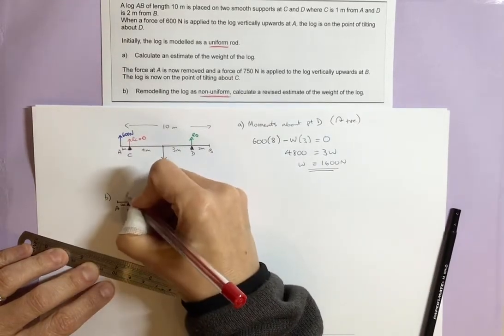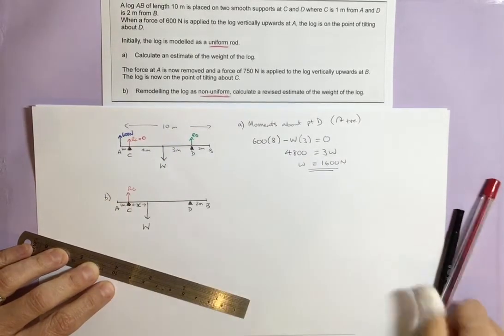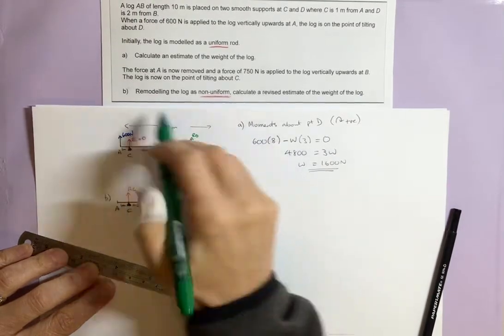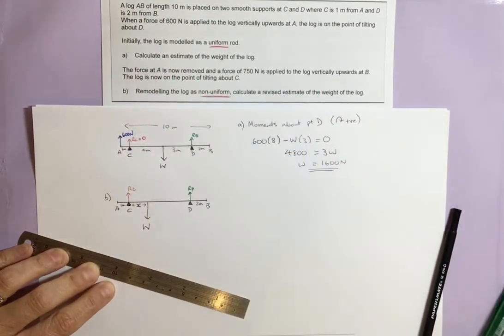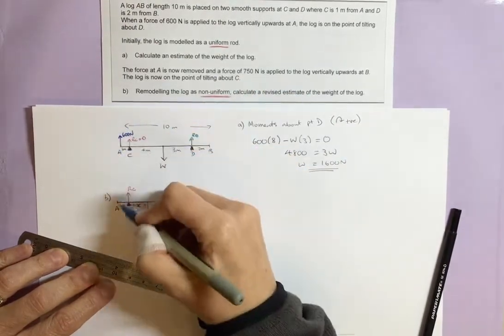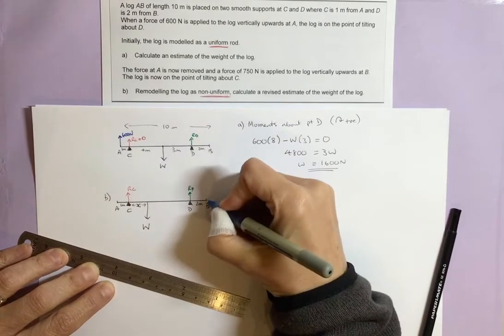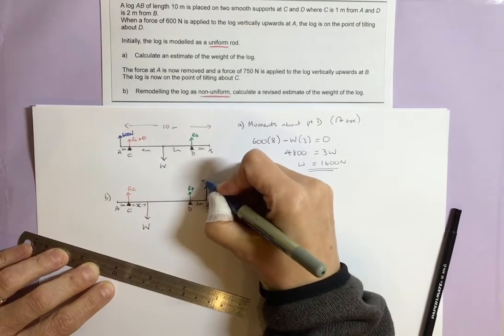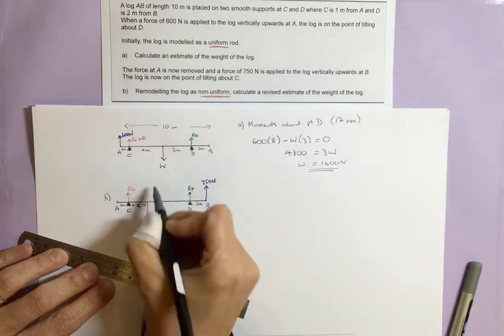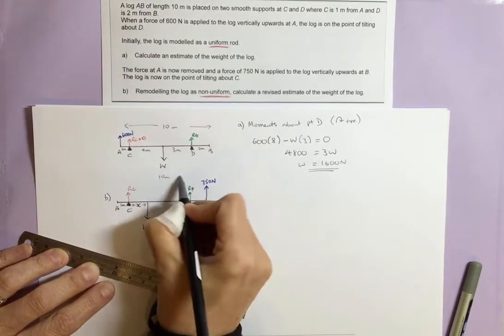Okay, so what else have we got? We've got our reaction force at C, we've got our reaction force at D, and now in this new situation the force has been removed from there, and now the force is here, 750. And my full distance is still my 10 metres.